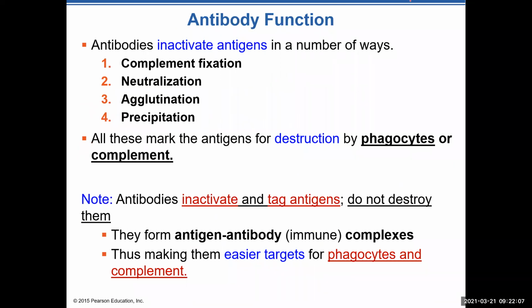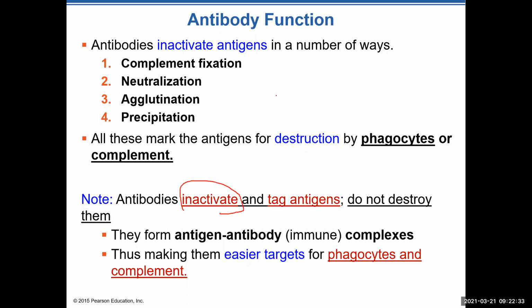This is the last slide which we're going to discuss, and then we can move on to the revision. So, antibody functions. Again, I'm discussing this so that you don't forget it forever: antibodies cannot kill the microorganisms. They can simply inactivate them. They can simply tag the antigens.